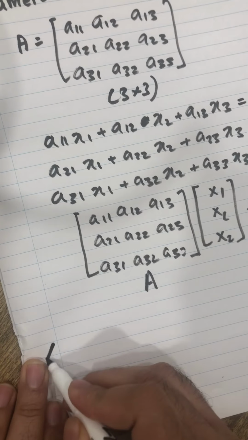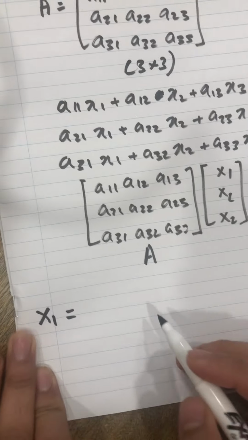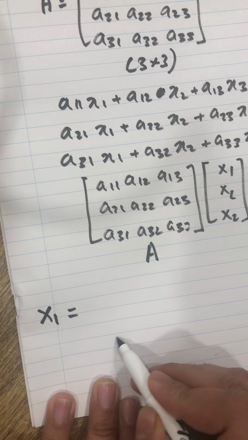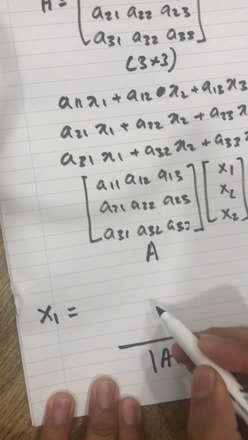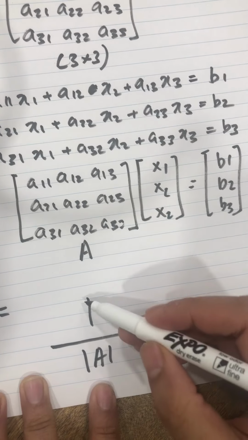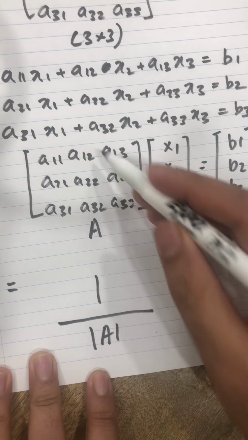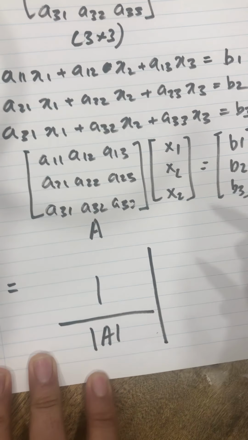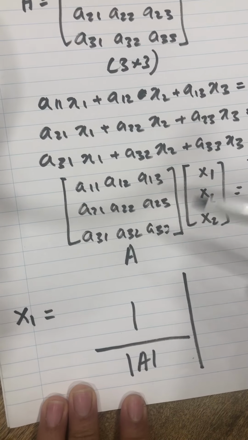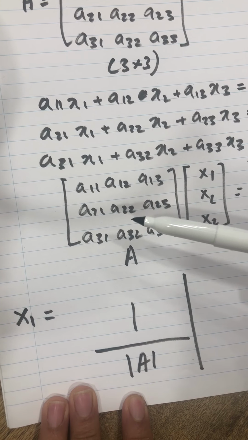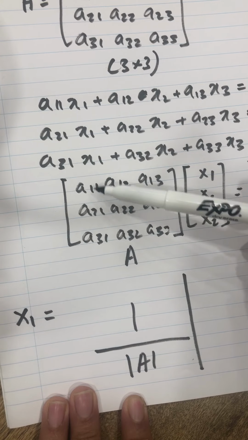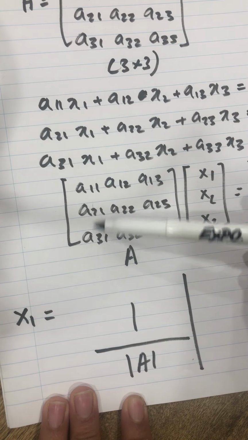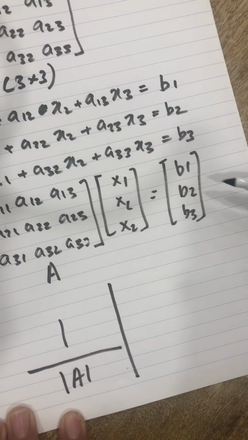Cramer's rule gives the solution of x1 as 1 divided by the determinant of this matrix. But remember, when we were doing the 2 by 2 case, for x1 we were replacing the first column with the solutions.